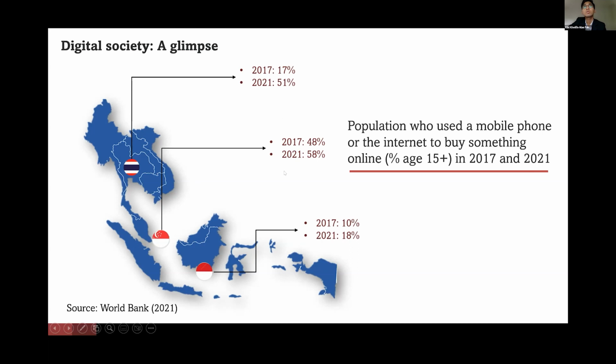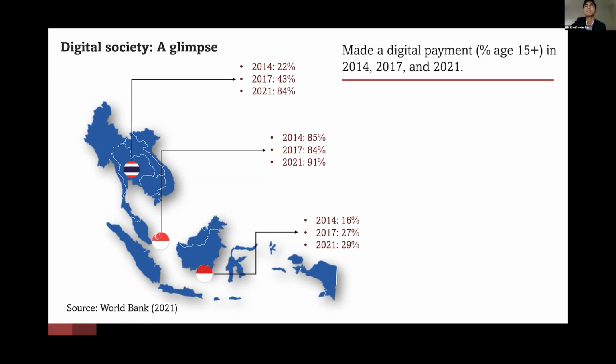And in Singapore, it was 48% in 2017 and jumped to 58% in 2021. This is the data about the population who use the mobile phone or the internet to buy something online.